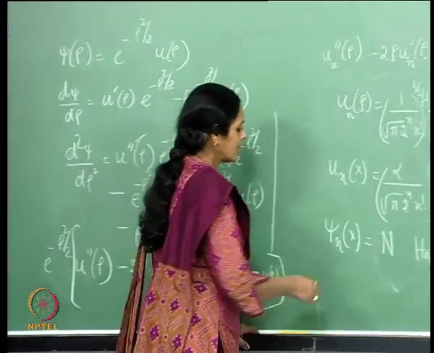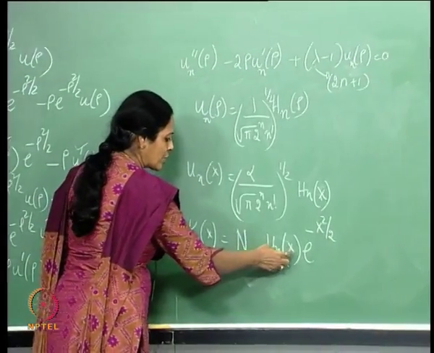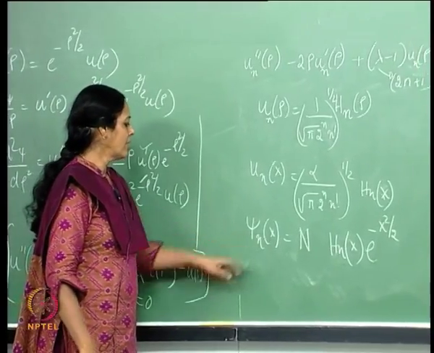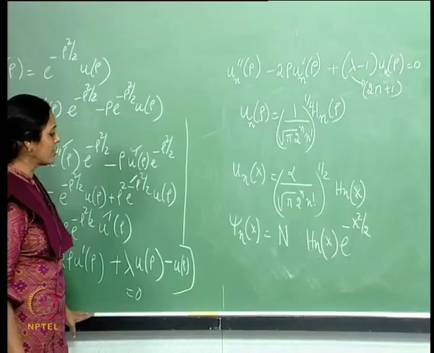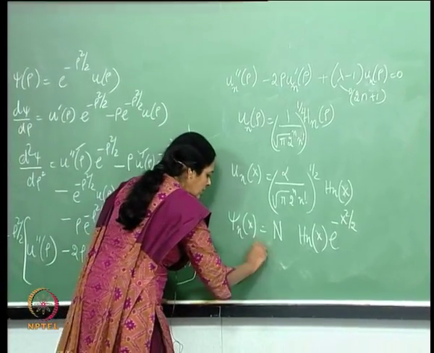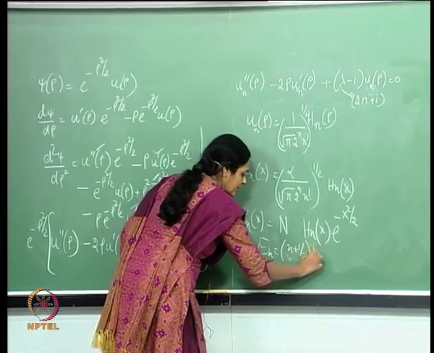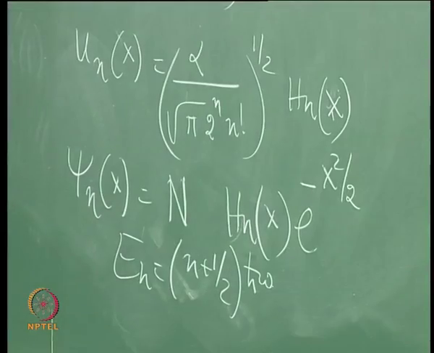That is going to bring out an Hn of x here, and therefore I have eigenfunctions of the oscillator given by psi n of x with the energy eigenvalues given by n plus half h cross omega.